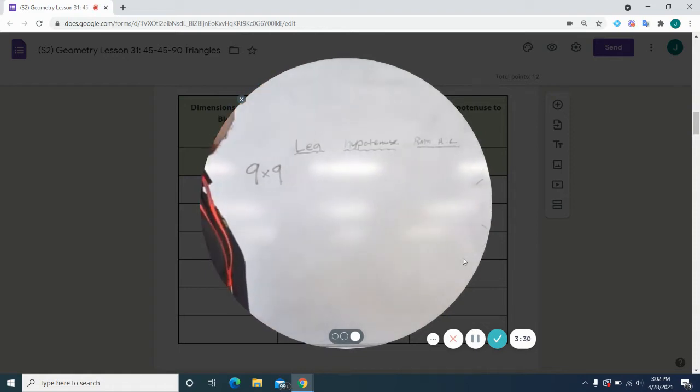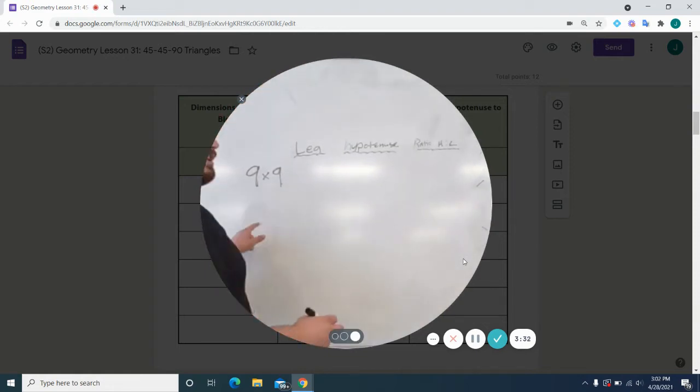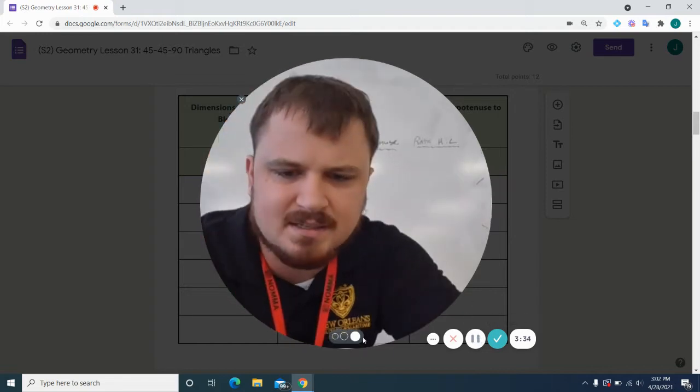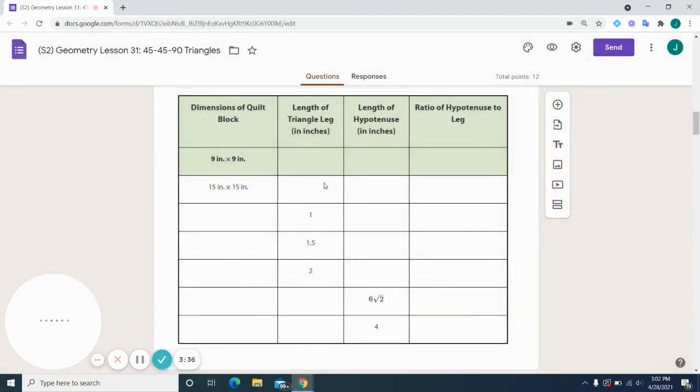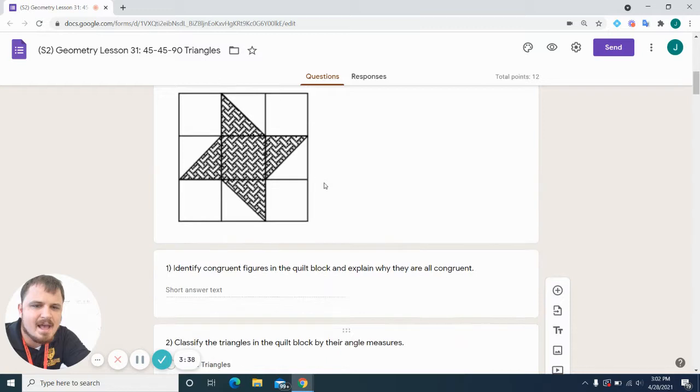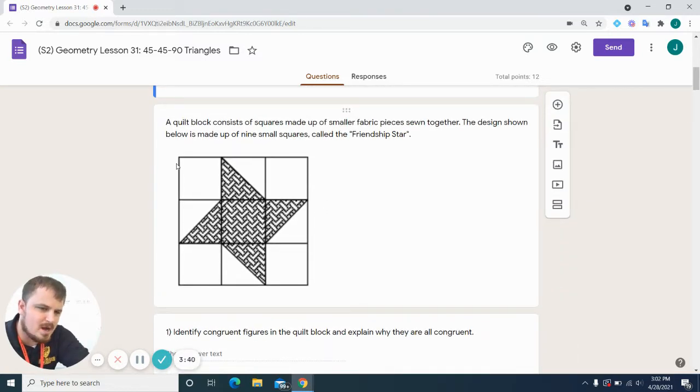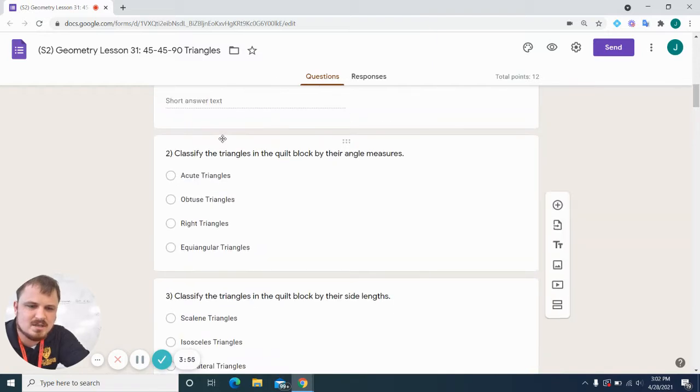Okay, so if we go 9 by 9, what is the length of each leg? So, let me go back to this. If we're looking at what we have here, if this whole block is 9 inches by 9 inches, then each individual is going to be 3 by 3. So every side is 3 inches.